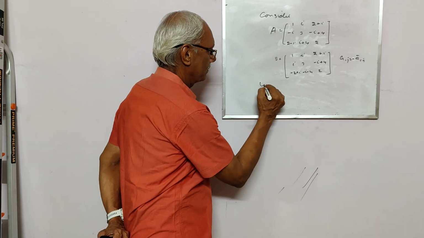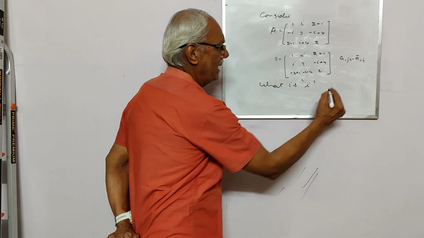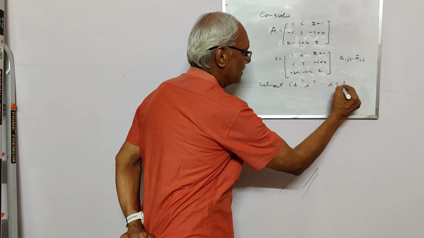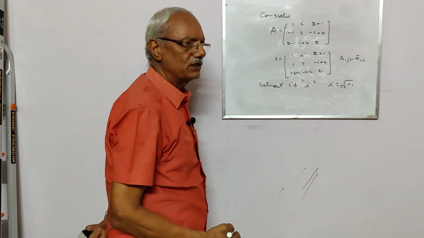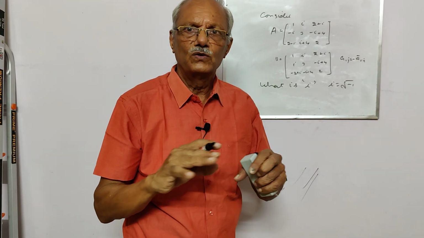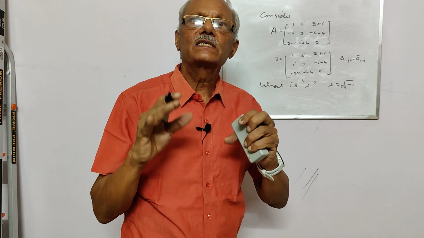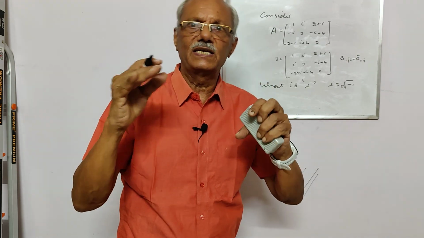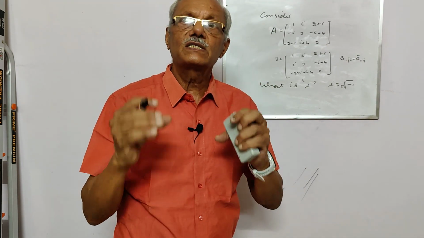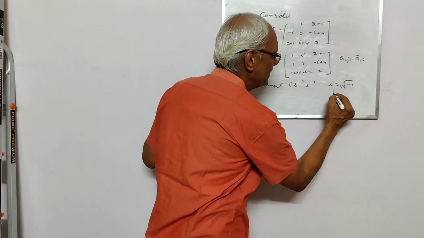What is i? The value of i is the square root of minus 1, which is imaginary. Its value is not known. We do not know the square root of minus 1, but such numbers do exist. Such numbers are called imaginary numbers.